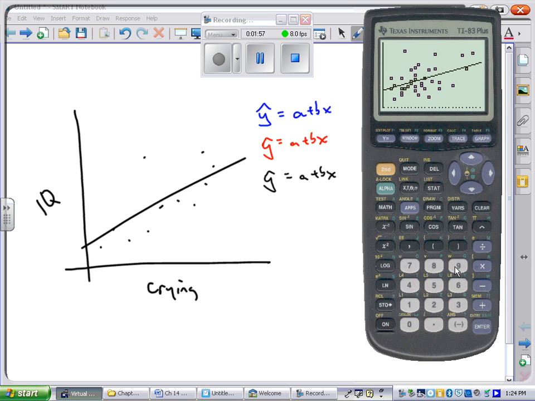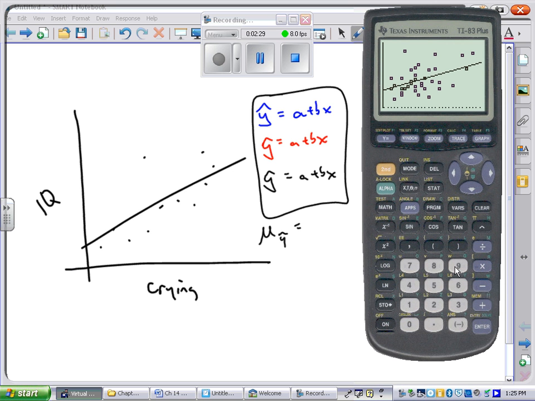Now, if the statistical all-knowing God took all the data, you three plus all the rest of them, or all the possible kids that were or are or could be, and did the data and came up with the equation, that would be the true regression line. And that true regression line would be the average of all of your regression lines.